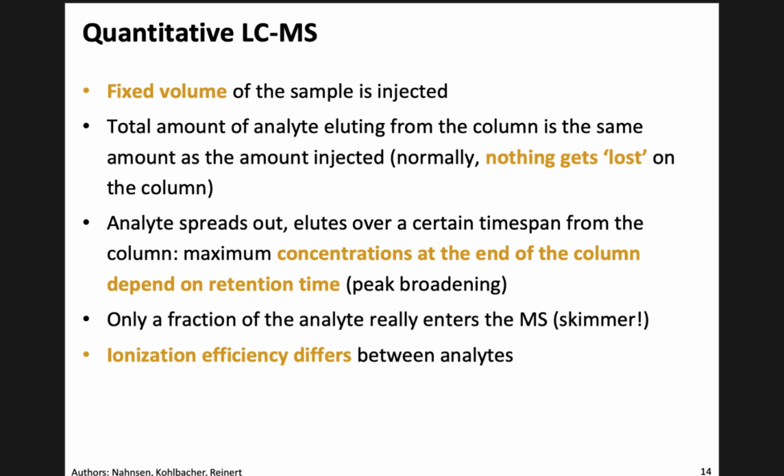So we can argue the overall amount of analyte is the integral over the total complete elution time. If nothing gets lost, then if you integrate over time, you will get everything out. Why is comparing the height of these peaks not a good idea?